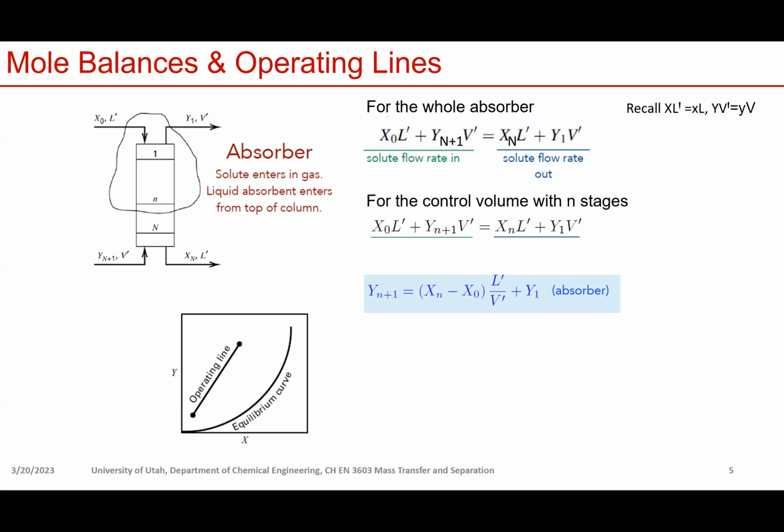The reason we call it the operating line is that when you do this for different control volumes, you can always do this. Let n equal i. Redo this, and you will find that the point xi and yi plus 1 will always fall on the same line.